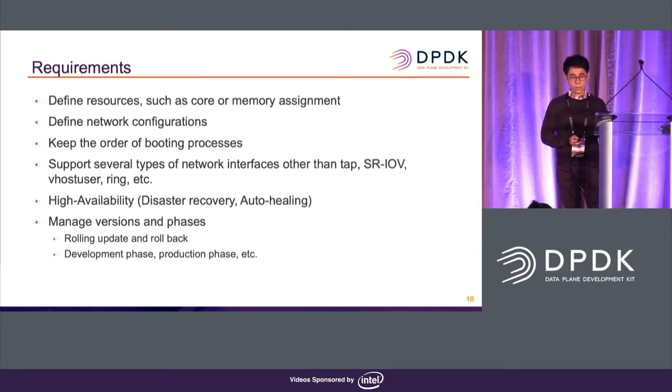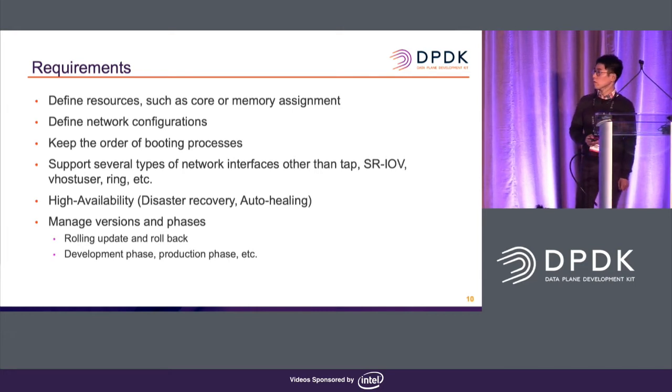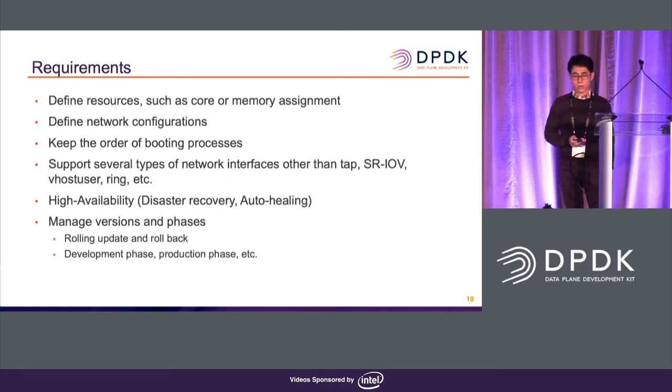The first one is define resources such as core or memory assignment, because Kubernetes cannot define DPDK's resources such as assignment of cores and memories, and we need an additional mechanism for defining such kind of resources. Next one is define network configurations.